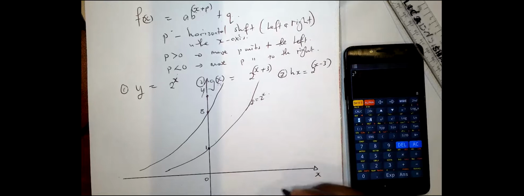If, for example, it is 2 to the power of x plus 3, what must we do to obtain this graph? We must subtract 3.